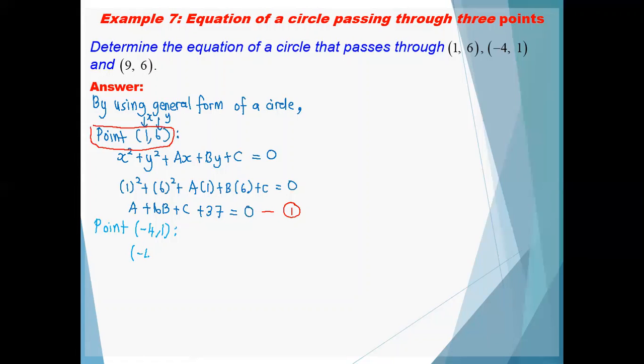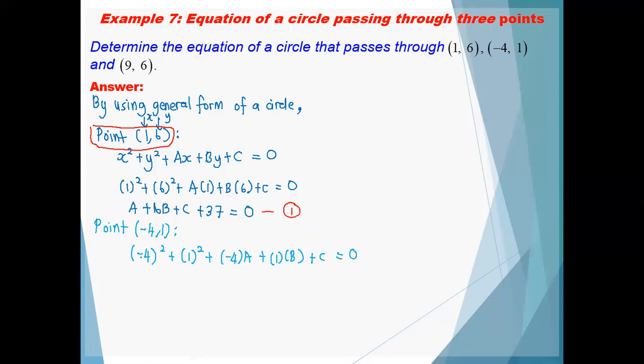So -4 squared plus 1 squared plus -4a plus 1b plus c, equal to 0.